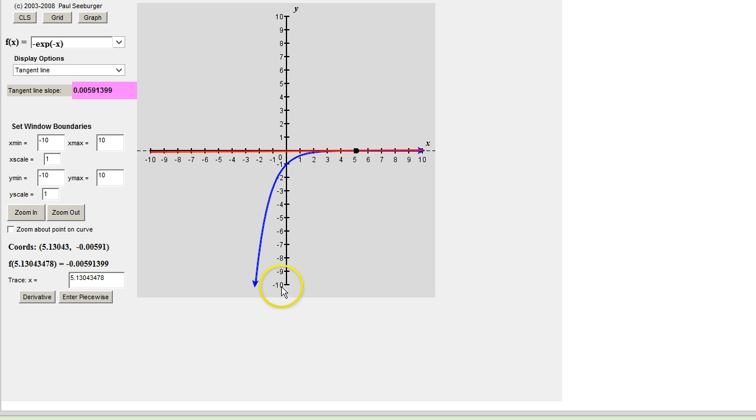Going back to the last example, this one is an increasing function. The graph itself is going up from left to right, but the function's concave down because the slopes of the tangent lines are decreasing, even though the function itself is increasing. The first derivative is decreasing.